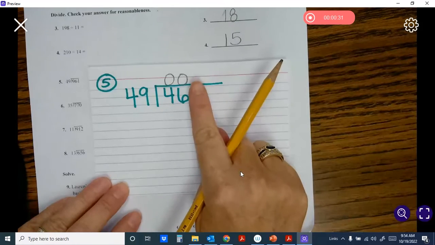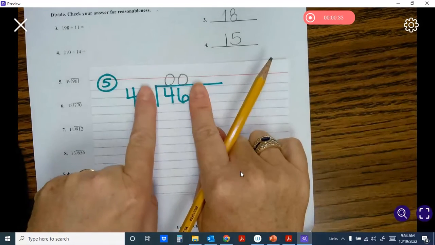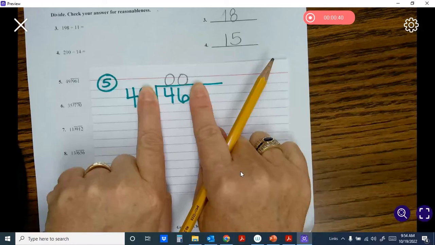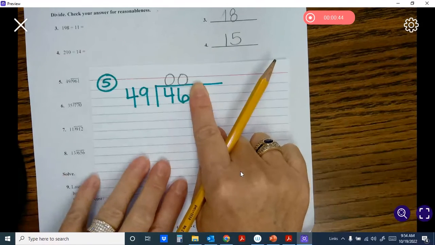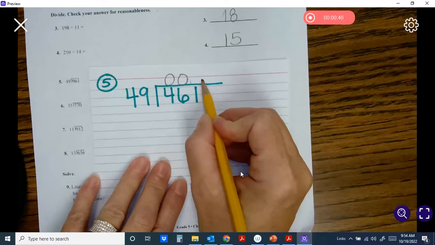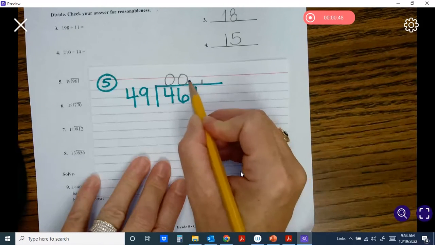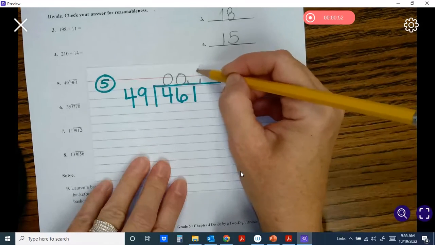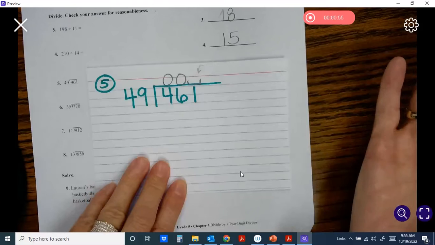We're going to cover up the last digit in each number. Now, 4 can divide 46 10 times, but I cannot fit a 2-digit number here. You can only put a 1-digit number there. The largest digit that can go in here that is closest to 10 would be 9.